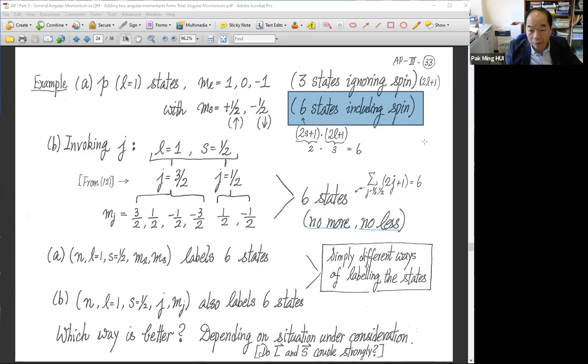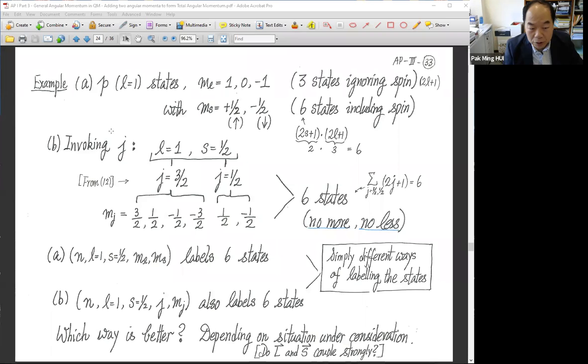Now, what we are doing up to now, that is an important physical point here, is we are just relabeling the state. We have 6 states here, and we can try to relabel them, okay? Let's see how it works.